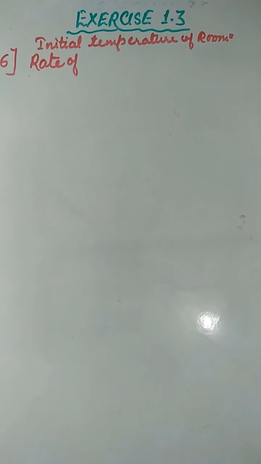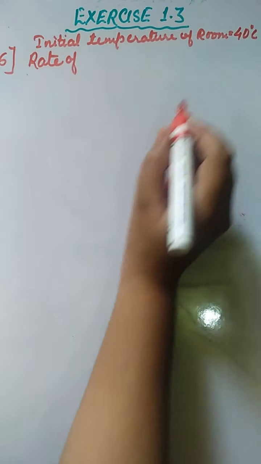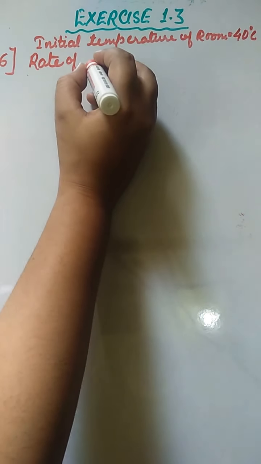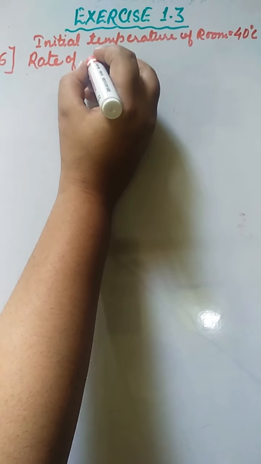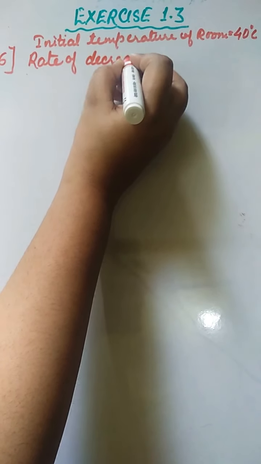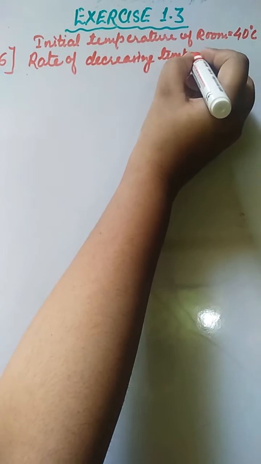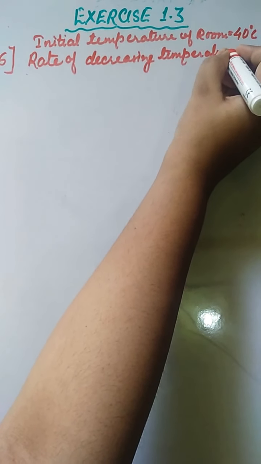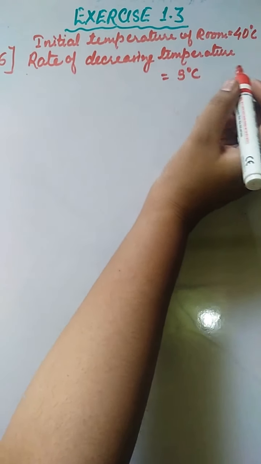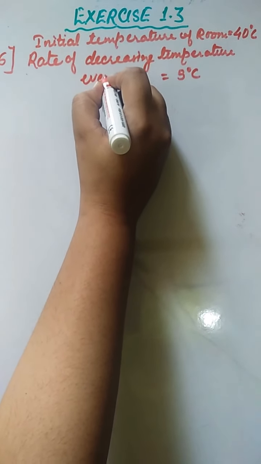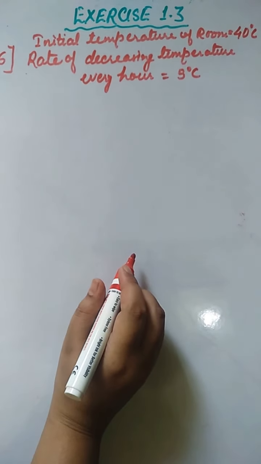Now the rate of decreasing temperature is how much? It is given 5 degrees Celsius. Every hour the temperature is decreasing by 5 degrees Celsius.